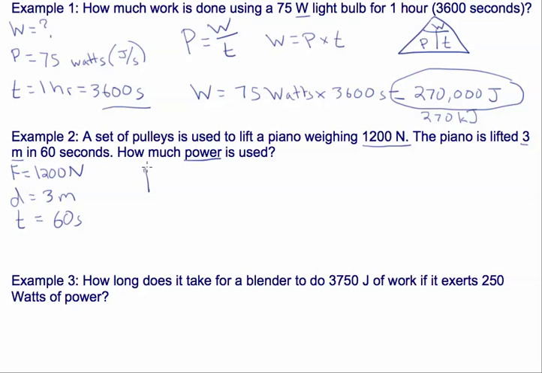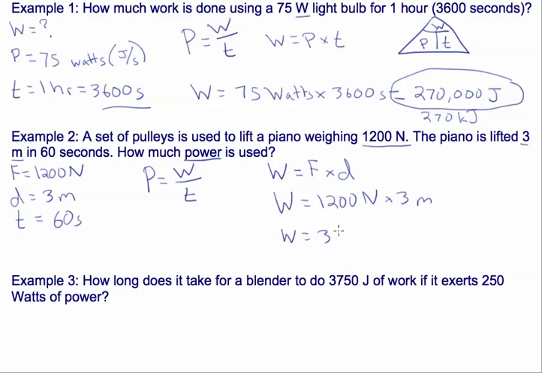So we know that power equals work divided by time, but we don't have work. So we know that work equals force times distance, which we have. So we have to solve for our work first. 1,200 newtons times 3 meters.